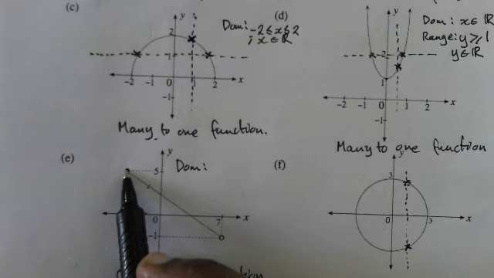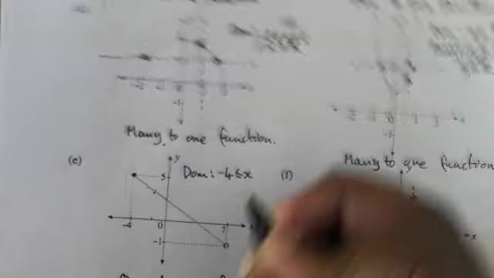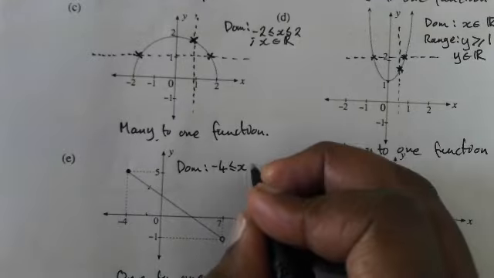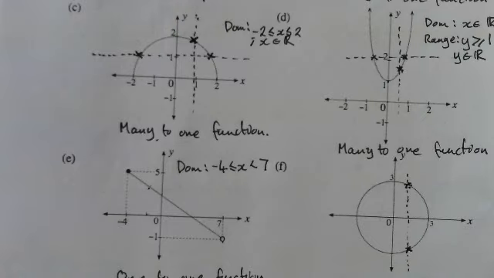If this thing is shaded in, it's less than or equal to. So -4 less than or equal to x. But if this is not shaded in, then it's a strict inequality. So that's less than 7.